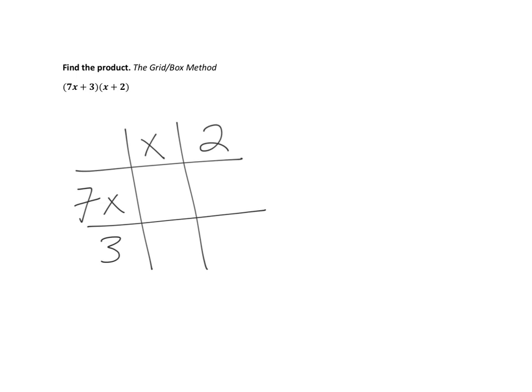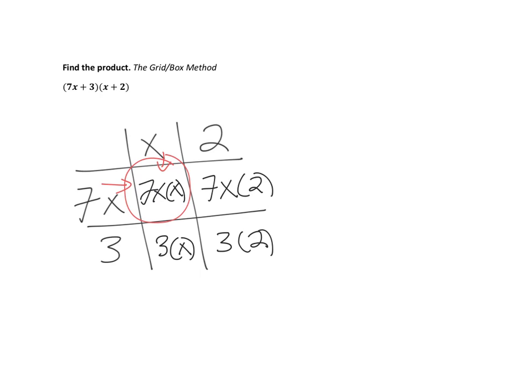So this spot right here is the intersection of this and this. So we will have 7x times x. Over in this spot, we're going to have 7x times 2. Down here, we will have 3 times x, and then this last one will be 3 times 2.